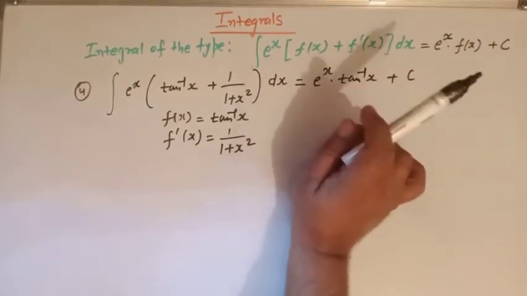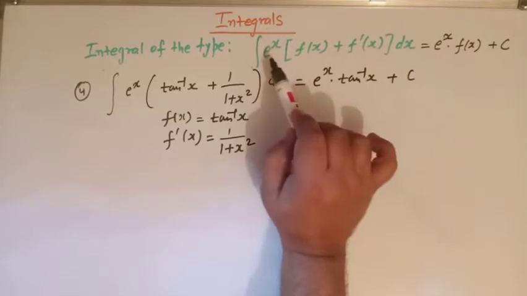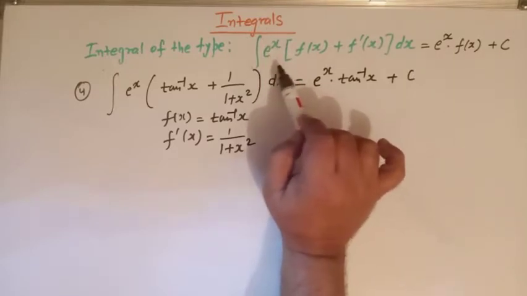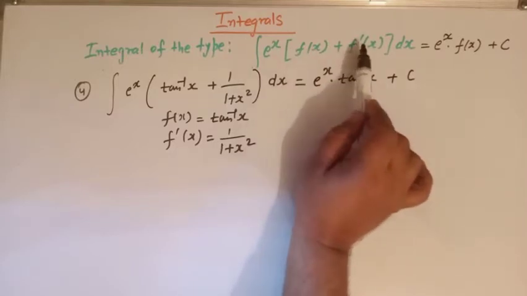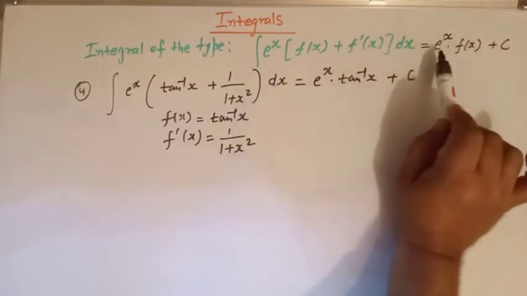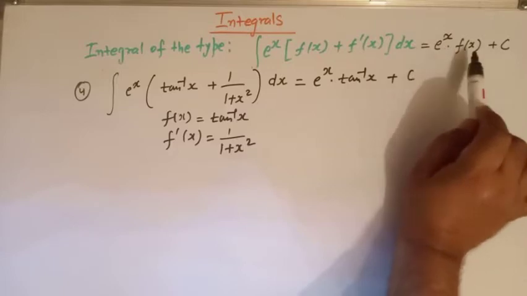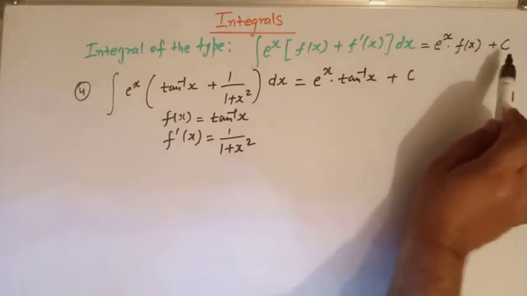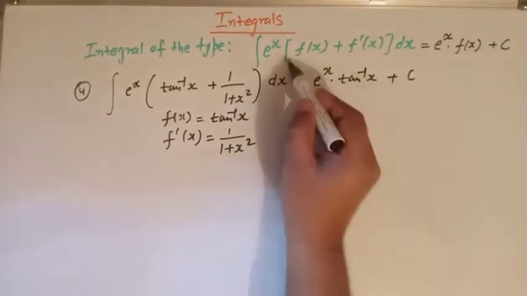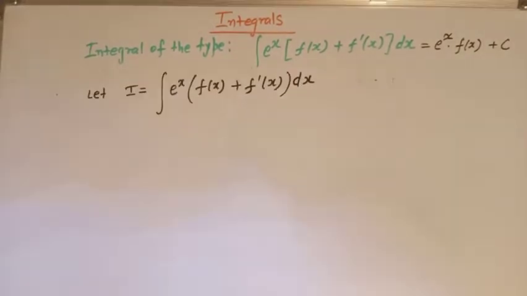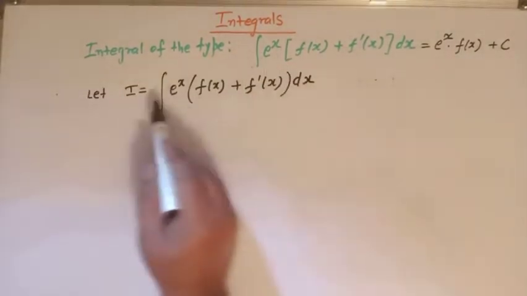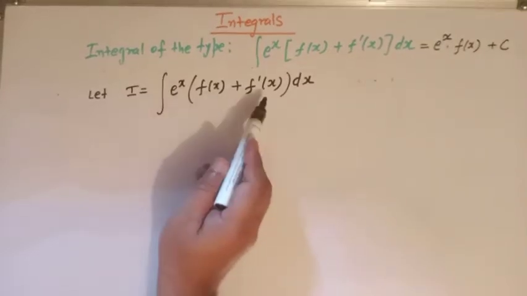Clear? Now let us see how we have calculated that the integral of e raised to x times f of x plus f prime of x is equal to e raised to x times f of x plus c. Clear? So let us derive this formula. Now let I be equal to this integral. Clear?